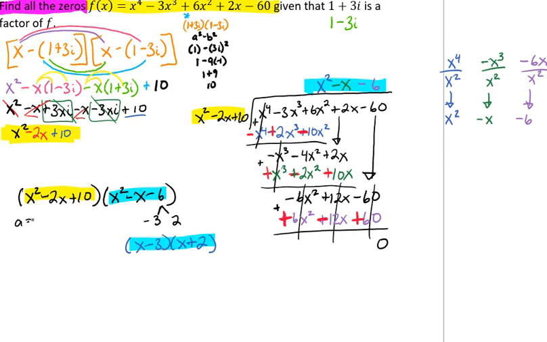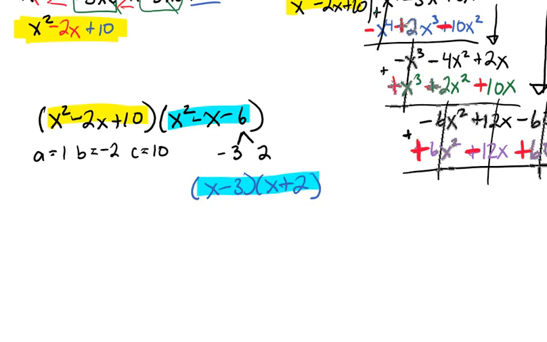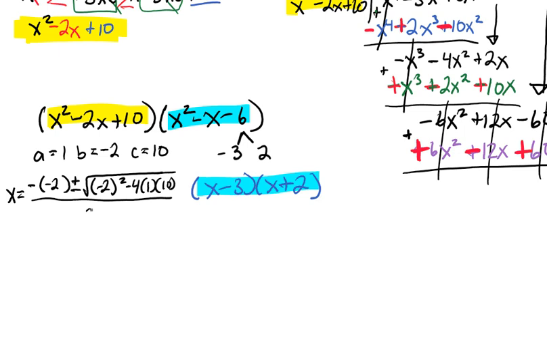So we're going to go ahead and do the quadratic formula. So I'm going to go ahead and zoom in so we've got a little bit more room to work here, and we can see it a little bit easier. So remember, our quadratic formula is x equals the opposite of b plus or minus the square root of b squared minus 4 times a times c, all over 2 times a.